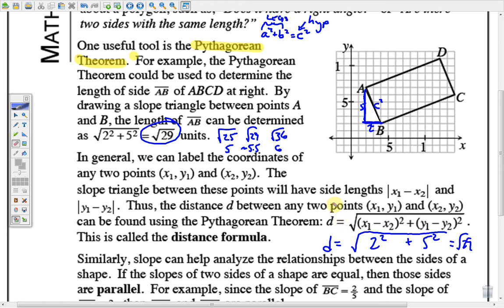So if you know Pythagorean theorem and you can figure it out on the coordinate plane, then the distance formula flows right from that. So distance formula. You do probably want to go ahead and write it down, though, if you don't have it written down already.